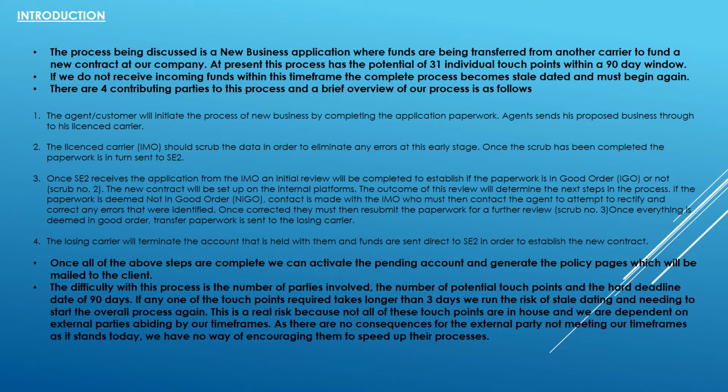What stale dated means is the signature on the original application has been there for more than 3 months, and the customer may or may not want to go ahead with it anymore. If the customer does want to continue on, we then have to get new paperwork and the whole process starts over again.